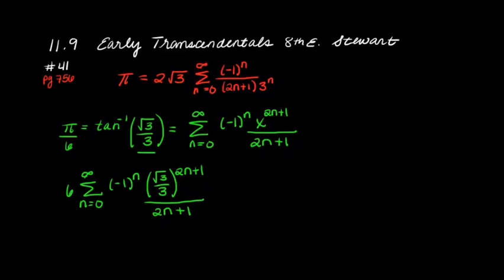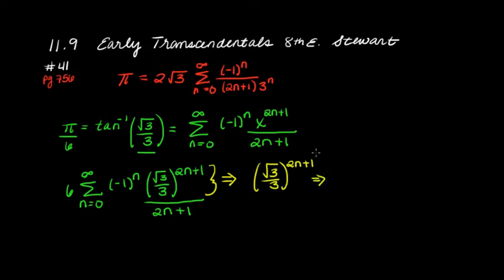Okay, organizing our work, we're going to work with this top portion here. So this looks like root 3 over 3 to the 2n plus 1. I'll add in the denominator once we get this simplified as much as possible.